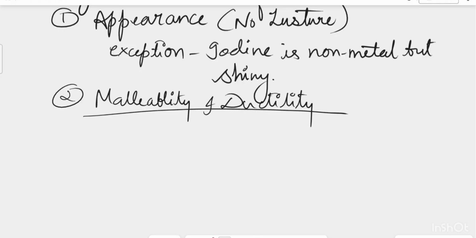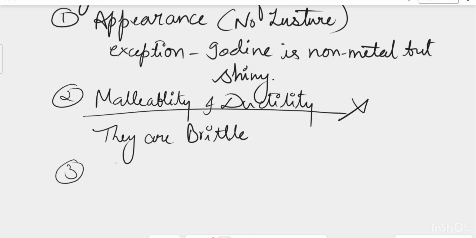They can't be beaten into sheets or drawn into wires. They are brittle. It means they break into pieces when hammered. If we hammer the non-metals, they will break into pieces.